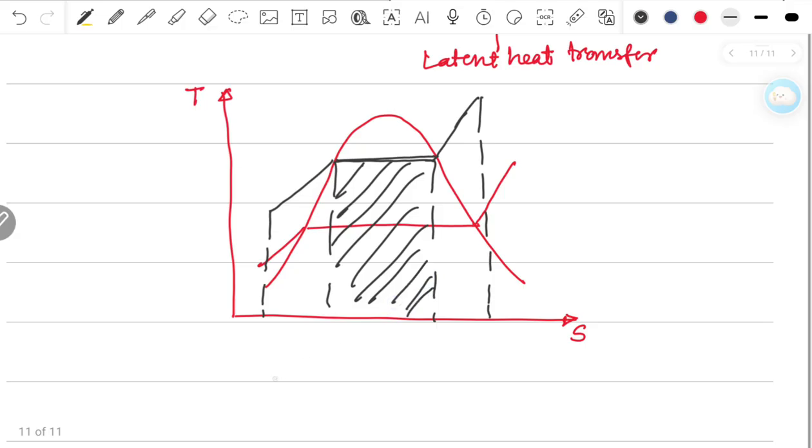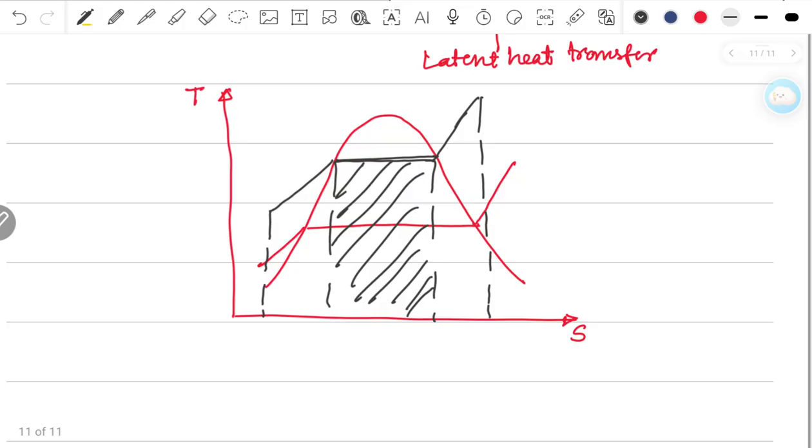That has resulted in a reduction in the latent heat, or ultimately the heat transfer which happens via evaporation, that means in the evaporator section, has reduced. So as we move to higher and higher pressure, the fraction of the energy transferred in the evaporator reduces.